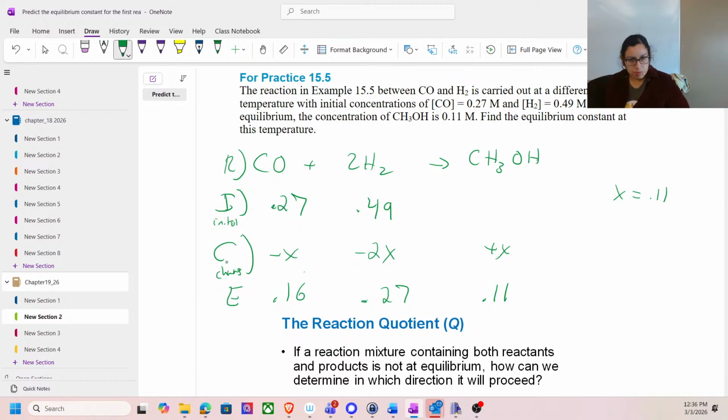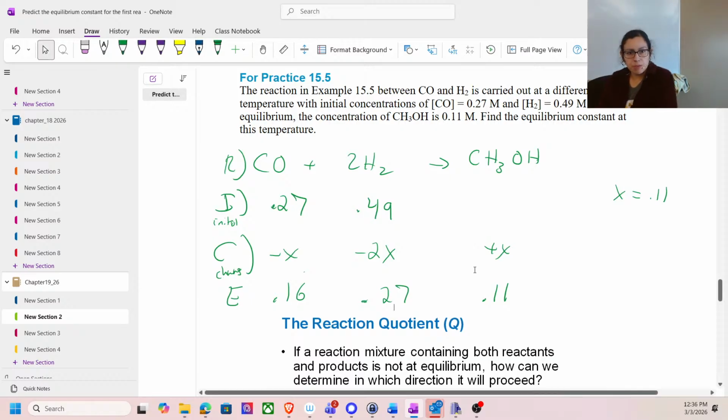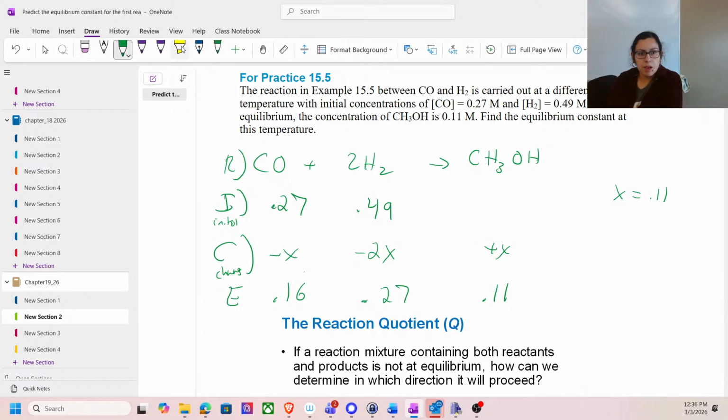All right, did we all make it to this point at least? Let me know if you didn't. Let's recap. I just rewrote our reaction. We were given initial conditions, and again, none of our products, so we knew we were moving in our forward direction. Then we want to map out our change, so minus x, minus 2x, and plus x again.